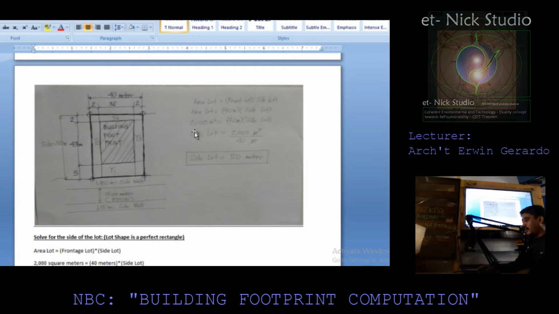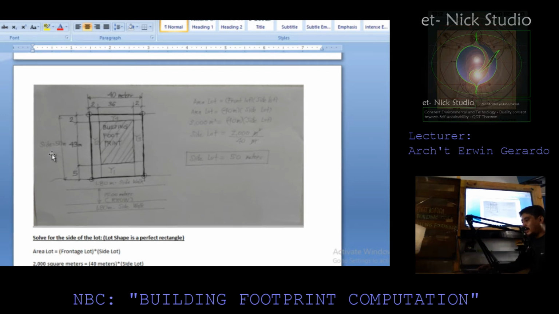So therefore, the area of the lot is 2,000 square meters equals 40 meters times side of the lot. So let us transpose this. So take note that the side of the lot is equivalent to 2,000 square meters divided by 40 meters. So therefore, the side of the lot is 50 meters. We were able to solve for the side of the lot. That's why we need to indicate it here.